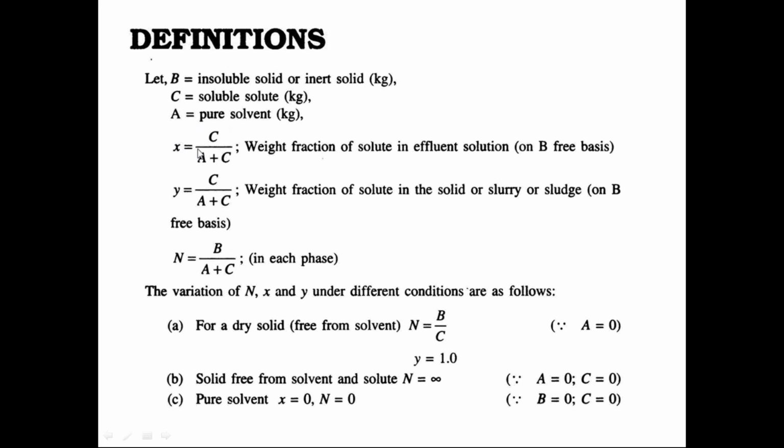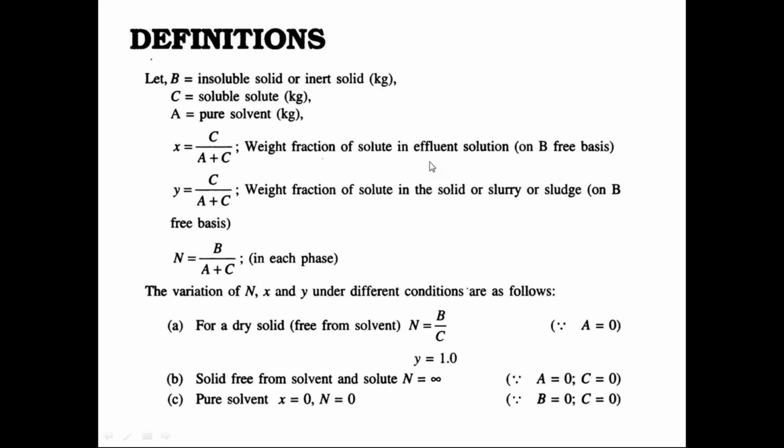And please keep in mind that while you are calculating the X, we are not considering the weight of the B. That's why these are called on solid free basis. That means B free basis. B is the insoluble solid. So on solid free basis, X and Y also to be found out. X indicates the weight fraction of the solute in the effluent stream.